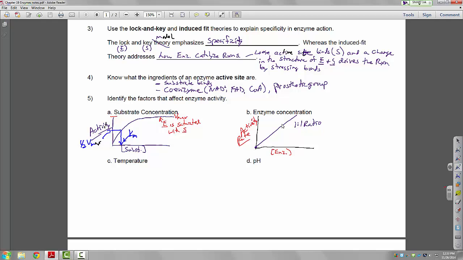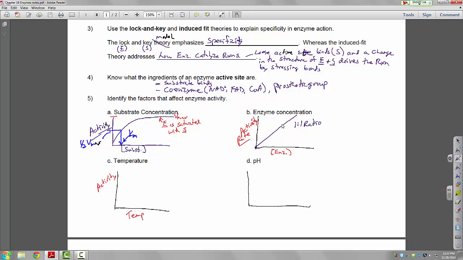All right. Temperature effect. And while I have this out, I'll do pH as well. Okay, so we're following temperature and activity, or the rate of the reaction again.